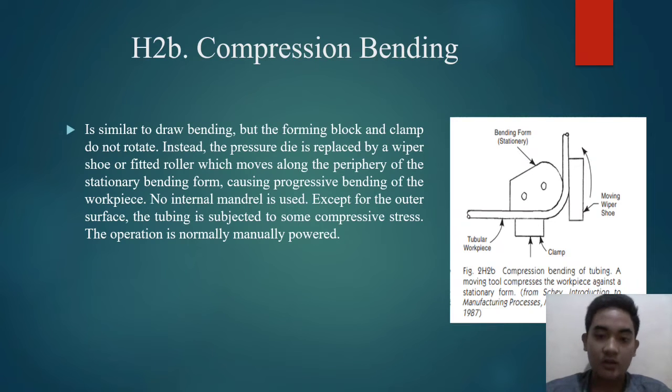This is a picture of compression bending. Draw bending of tubing is the same as this bending process of tubing. The form block is rotated with the tubing clamped to it. Okay, next.